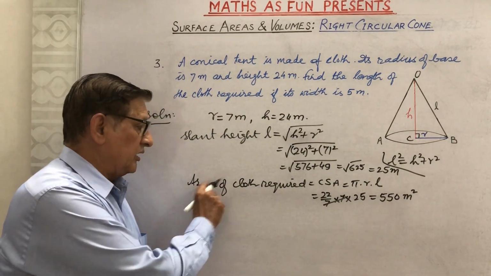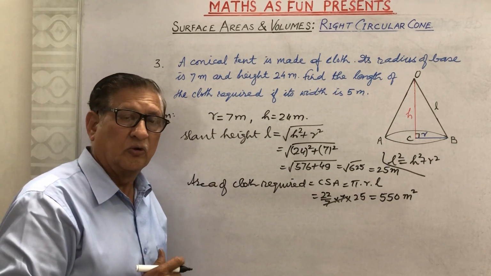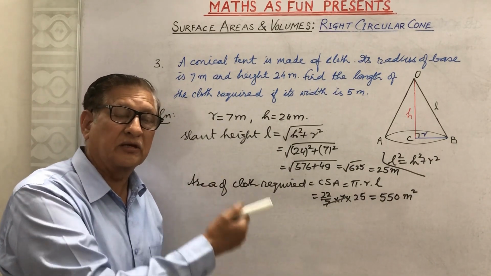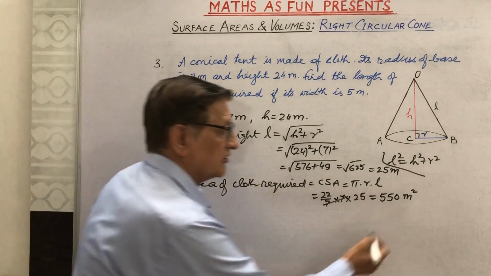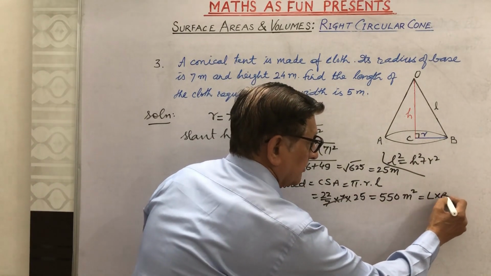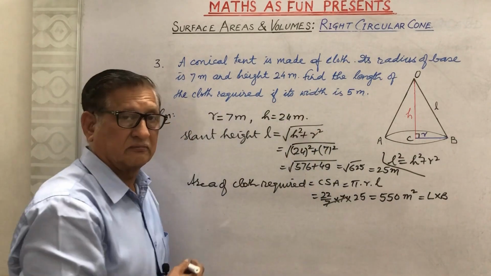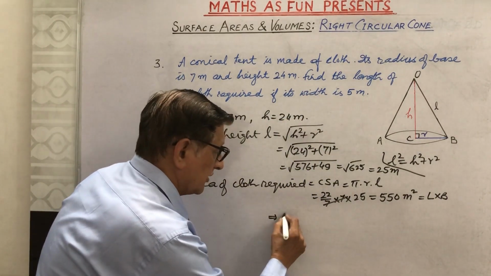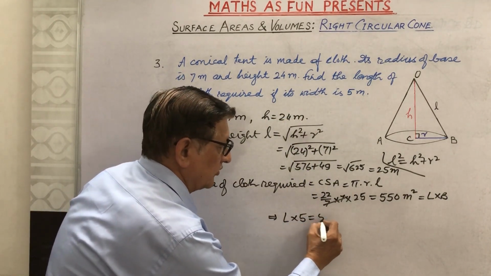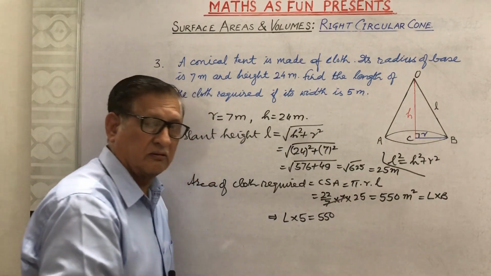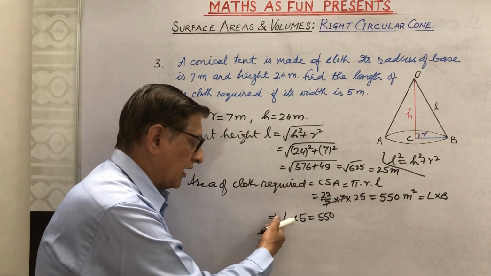We know that the area of the cloth required, whose length is L and breadth is B, that is L into B. We have been given the breadth as 5. It means L into 5 is equal to 550. So what will be L?